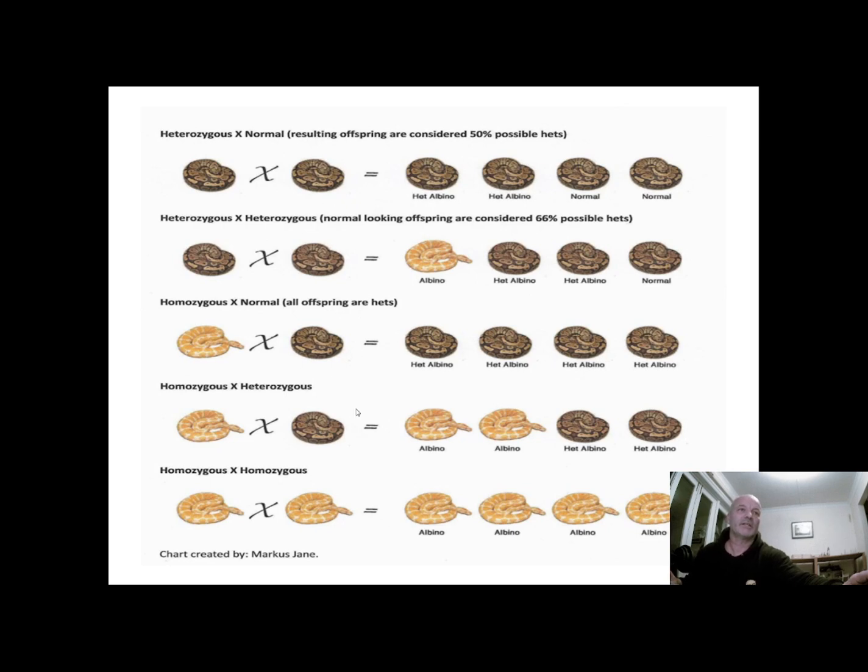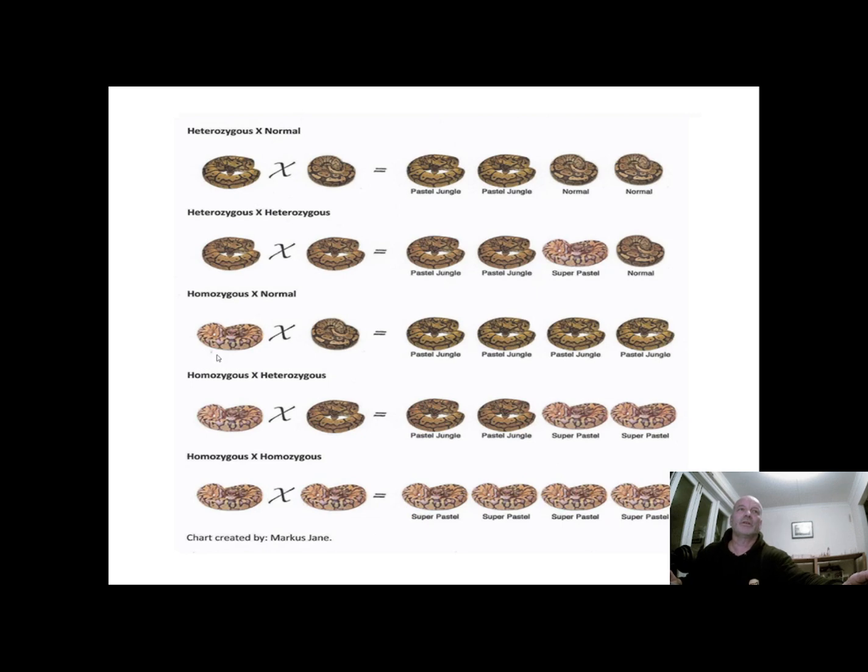Like I said, hets don't only apply to recessives. If we look at, say, a pastel jungle in this scenario, a pastel has a super form, so because it has a super form, the single gene acts as a het effectively. If we put the pastel to a normal, you should end up with 2 pastels and 2 normals.